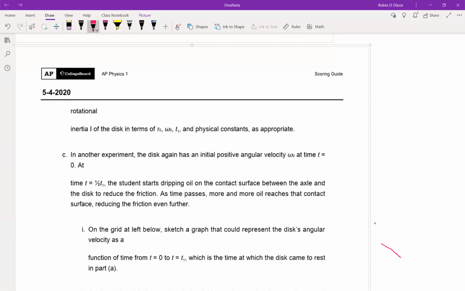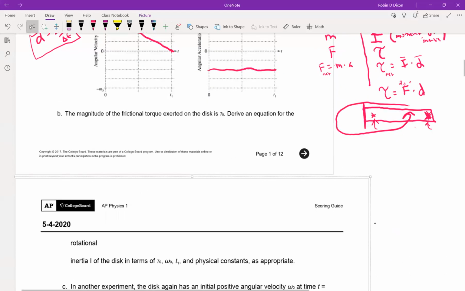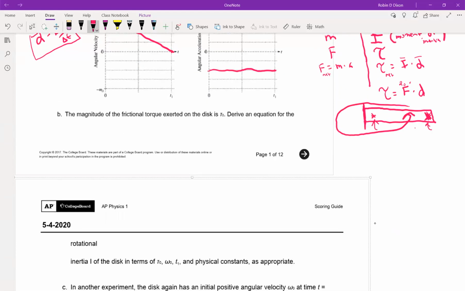Now, that shouldn't be too tough. We already said that torque is equal to moment of inertia times angular acceleration. We're looking for moment of inertia, so we're looking for this variable right here. That means I, the moment of inertia, is equal to torque, that's tau, divided by angular acceleration.